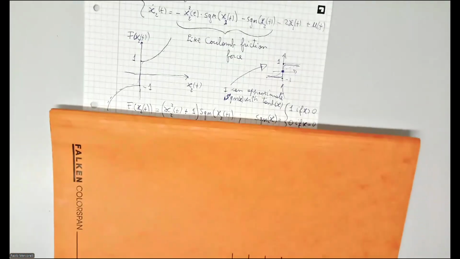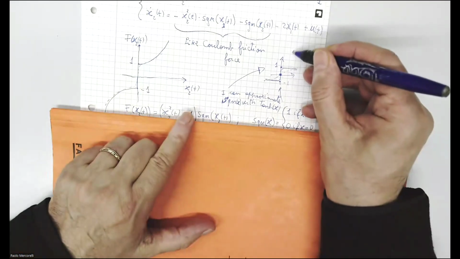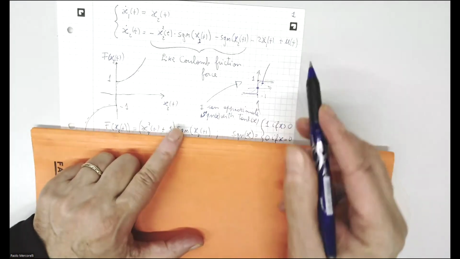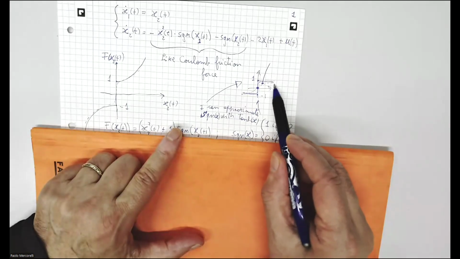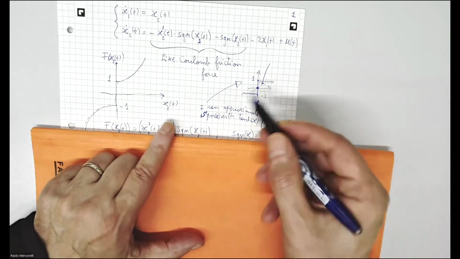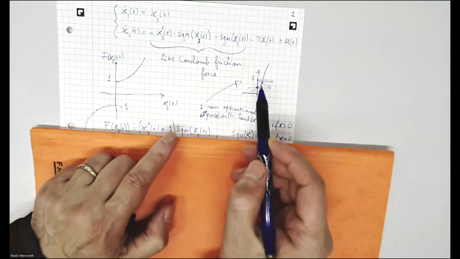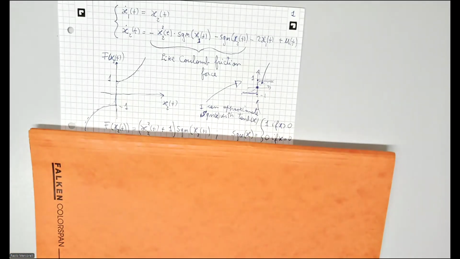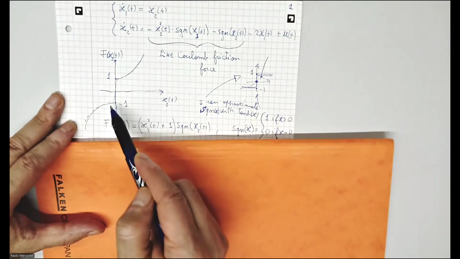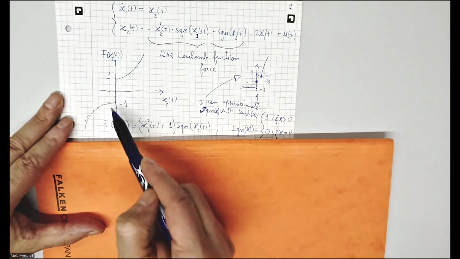But of course, in order to approximate, I need to increase the argument. Let me see if I have something here to explain what I intend. This dashed line, which tries to approximate the continuous line, approximates better and better this ideal function, which I would like to say does not reflect the physical system, because I can imagine that the physical system, or the friction, really doesn't change that rapidly.